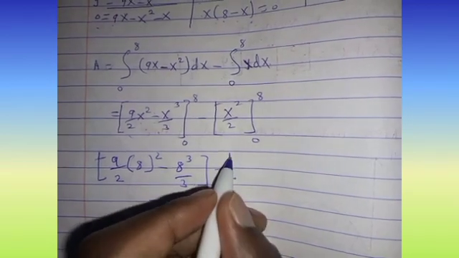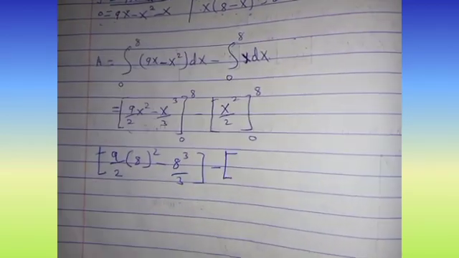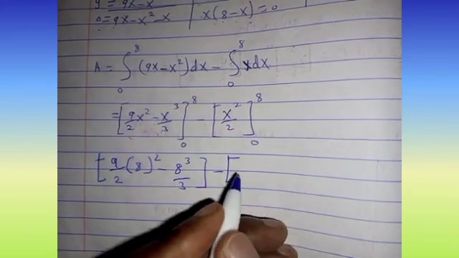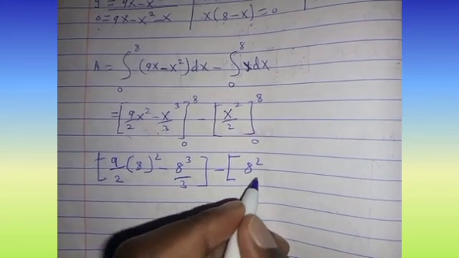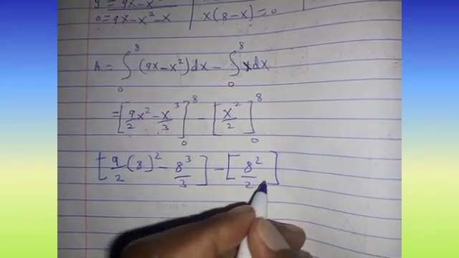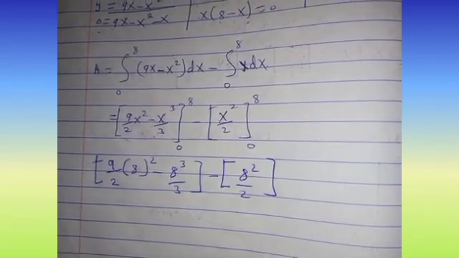Minus bracket. When you substitute 0, this one will become 0. So that's why I have not bothered with that part. You have 8 squared over 2 minus 0, it will give us 0.